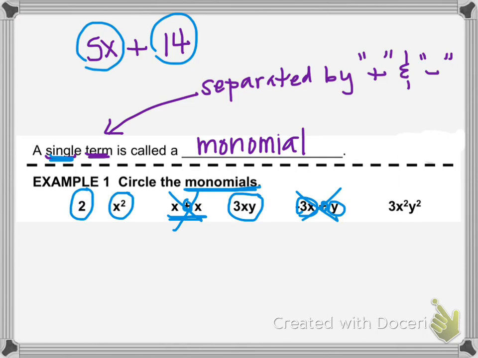And then the last expression, I see no pluses or minuses. So this 3x squared y squared all together is one monomial. So all of the things in a monomial, if there's multiple variables or numbers put together in the single monomial, they're always being multiplied together. Okay, so those are all monomials, all the ones that I've circled.